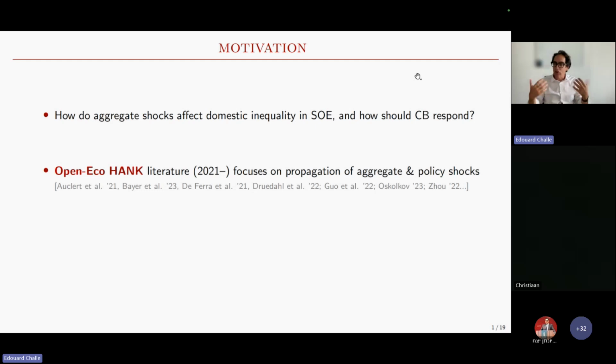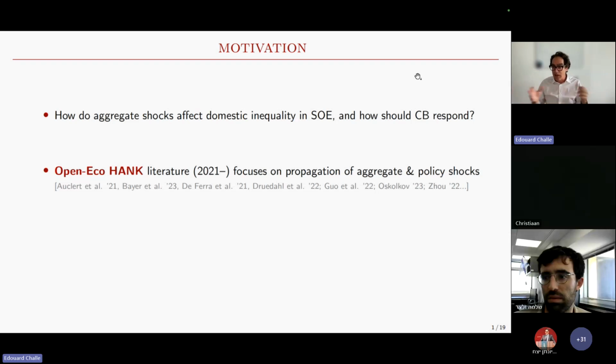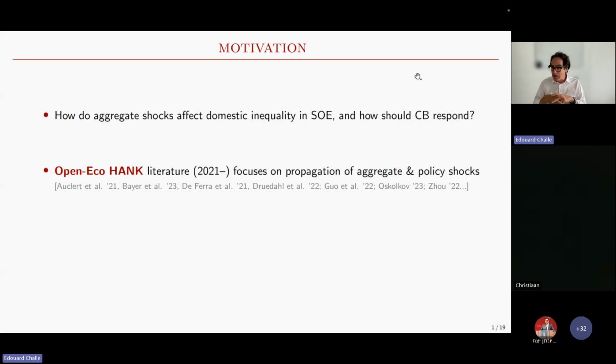And again, a shock to national income coming from the exchange rate might propagate aggregate shocks in this way. So distributions matter, according to that literature, for the propagation of aggregate shocks.